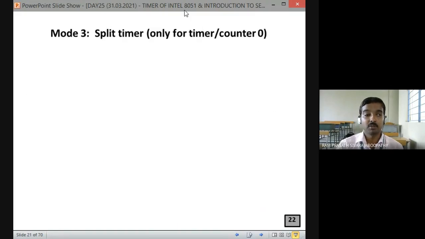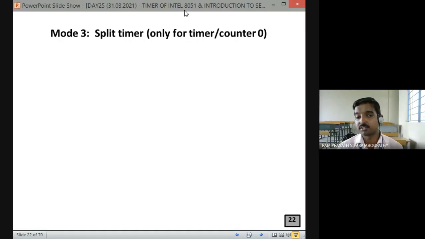Fine. Coming to mode 3. Already I have told you mode 3 is applicable only for timer 0. If you configure timer 1 in mode 3, automatically the timer or counter operation will stop. Please understand one thing, whatever value you are loading in the TMOD register is going to determine the mode of operation.